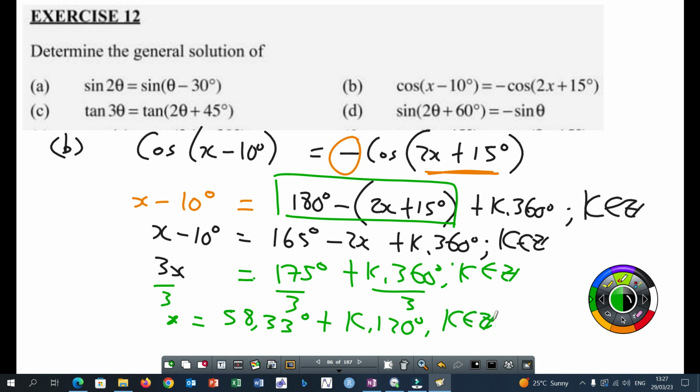Okay, I've got 3 minutes. All right. Can someone do a quick check? When k is 0, put x as 58.33 there. 58.33. When k is 0.